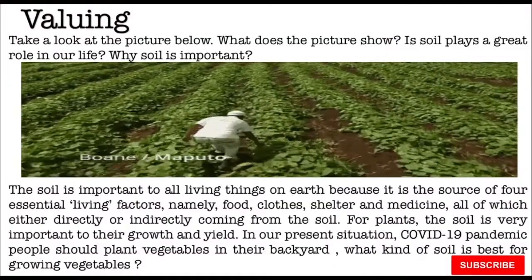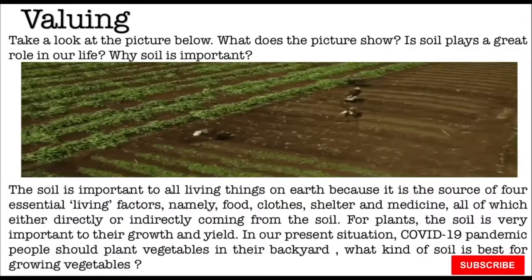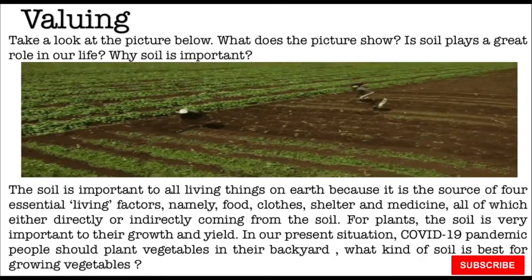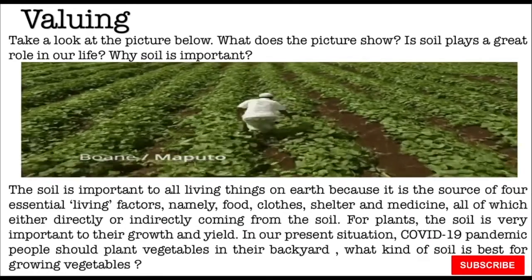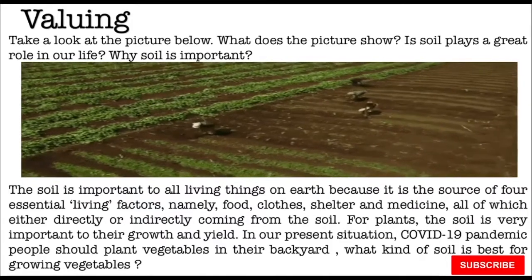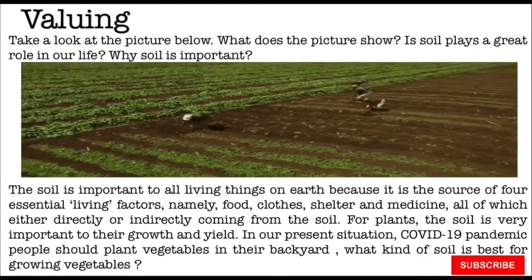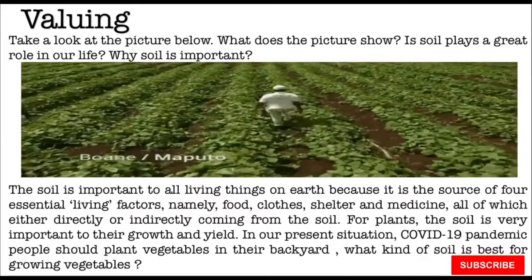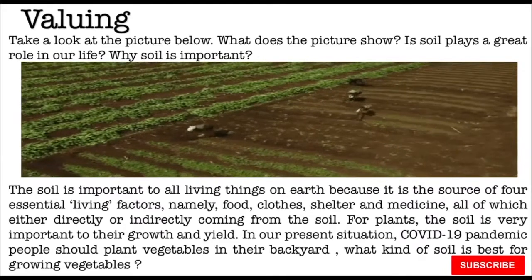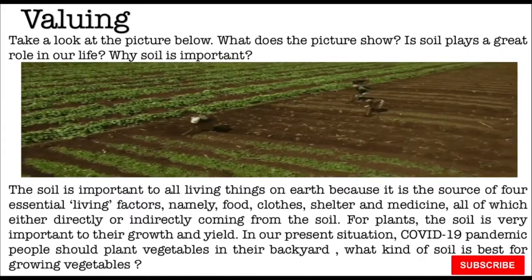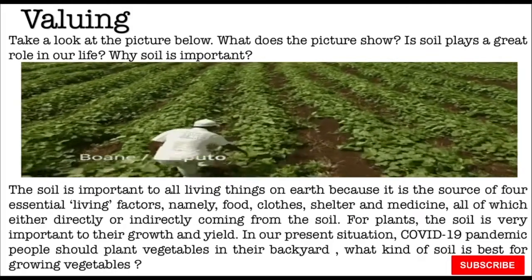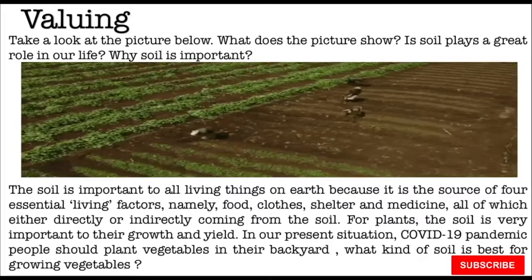Take a look at the picture below. What does the picture show? Does soil play a great role in our life? Why is soil important? The soil is important to all living things on earth because it is the source of four essential living factors, namely food, clothes, shelter, and medicine, all of which either directly or indirectly come from the soil.